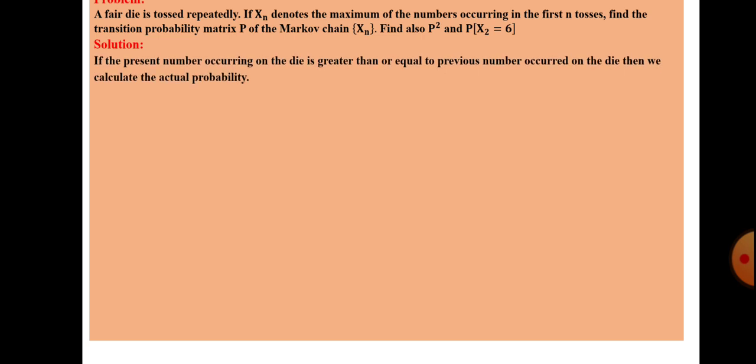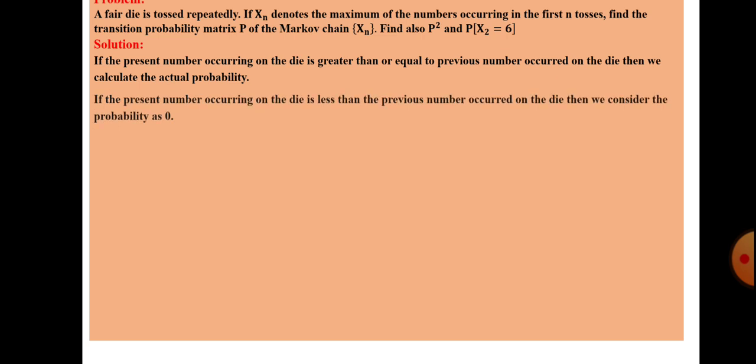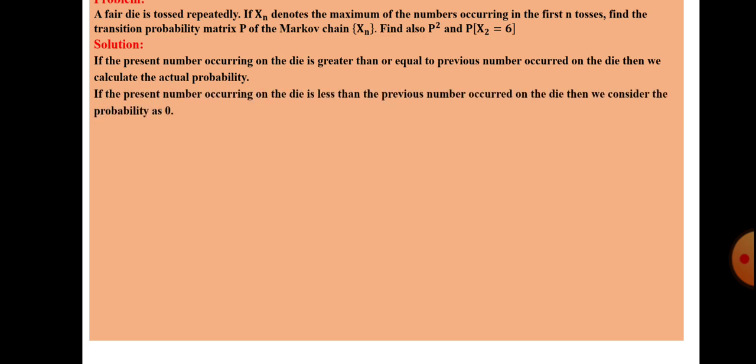If the present number occurring on the die is greater than or equal to the previous number occurred on the die, then we calculate the actual probability. If the present number is less than the previous number, then we consider the probability as 0.